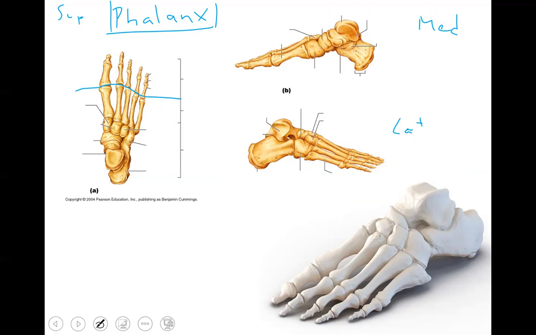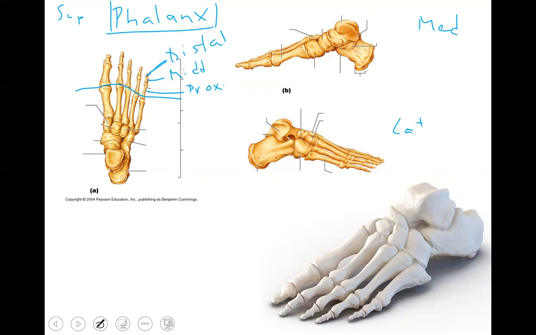In general, your toes have 3 phalanges. You have the one that's farthest from the body, so this one is called a distal phalanx. You have the one that is closest to the body, so this one is a proximal phalanx, and the one that's in the middle is called a middle phalanx.